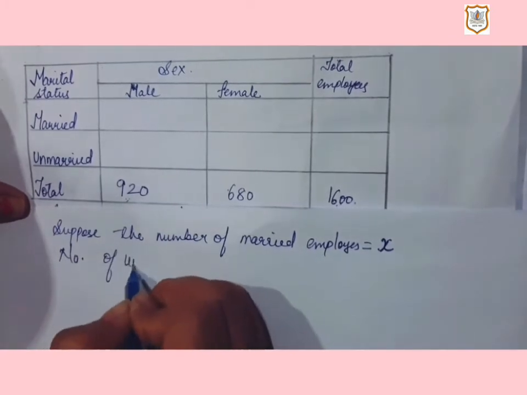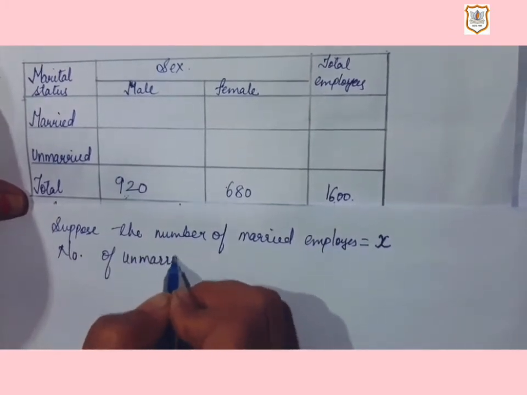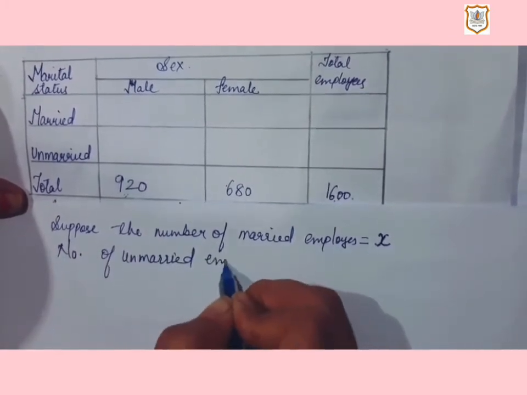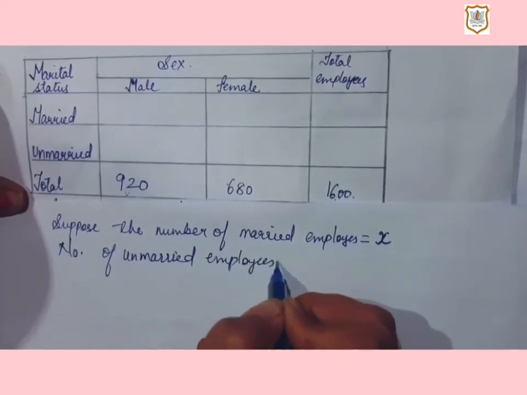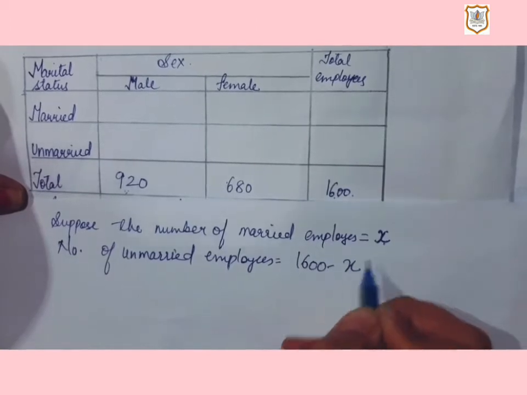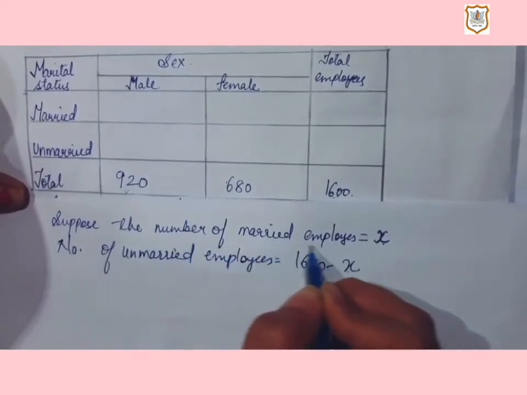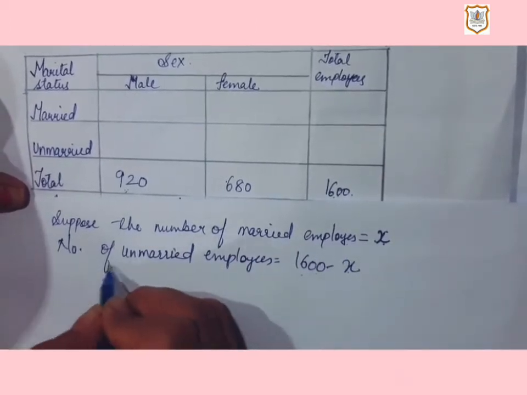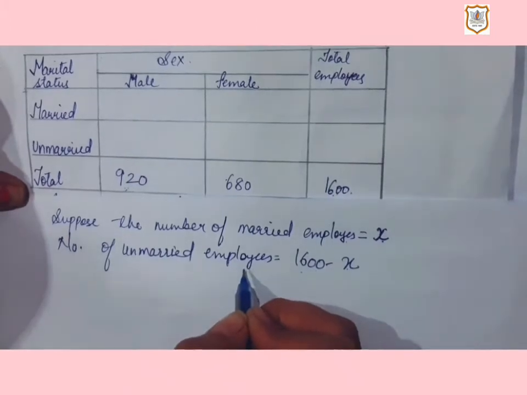Number of unmarried employees is 1600 minus X, that means 1600 minus the number of married employees. This way we can come to know the number of unmarried employees.